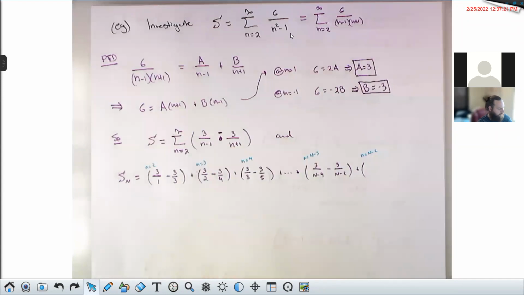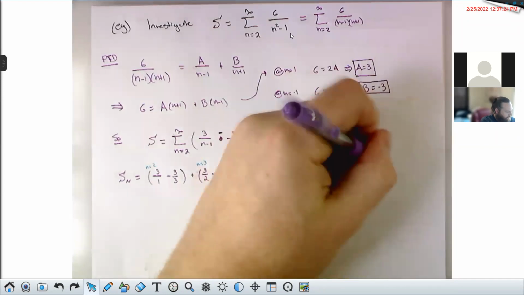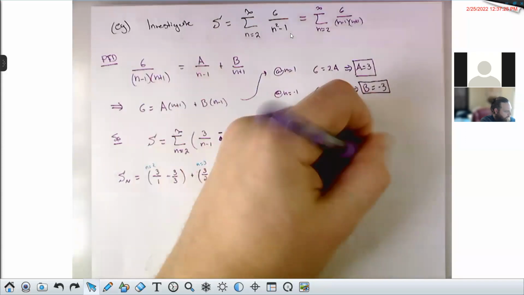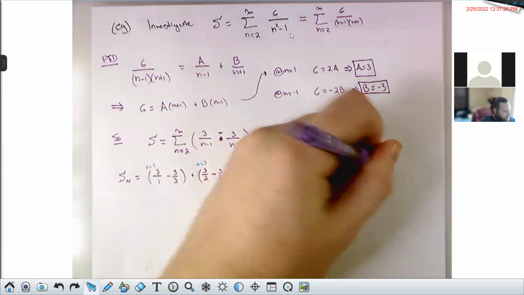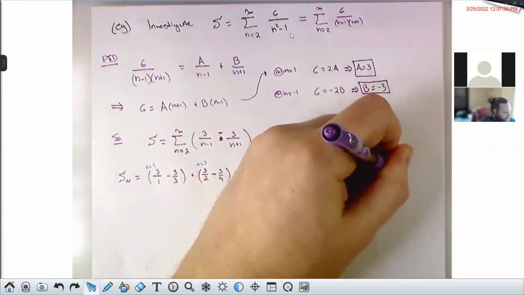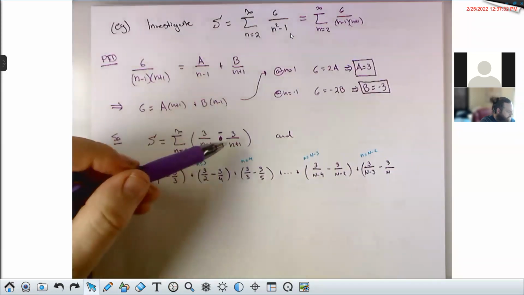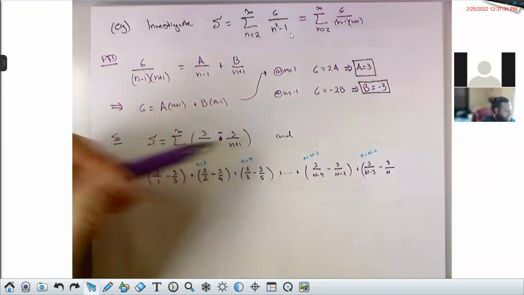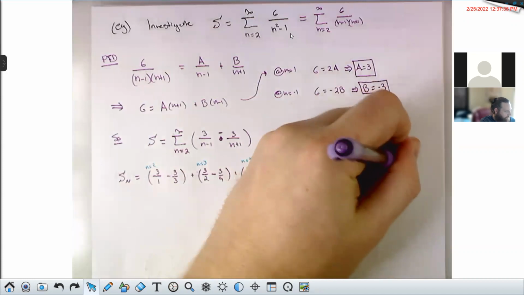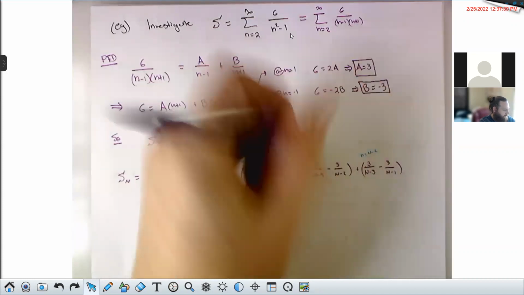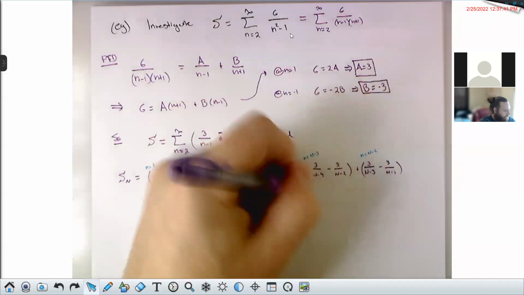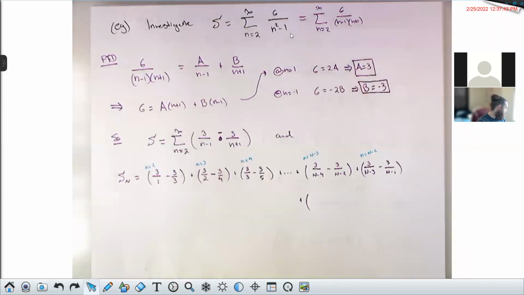Would be 3 over capital N minus 3 minus 3 over capital N minus 1, plus, I've got a couple other terms I'm going to put in here, plus two terms.